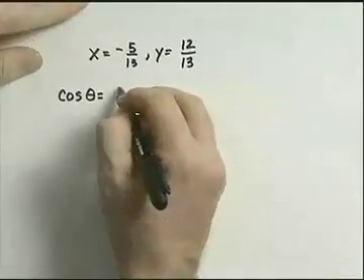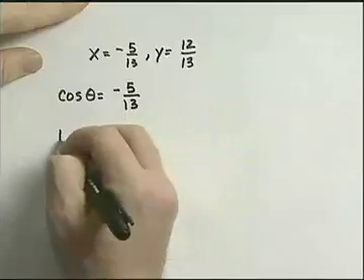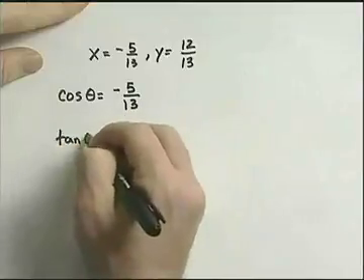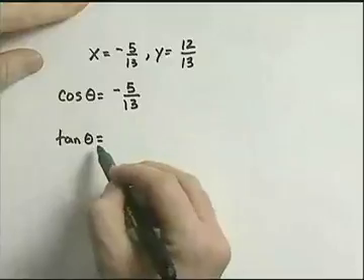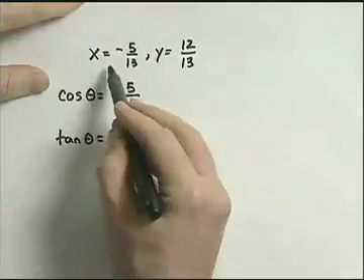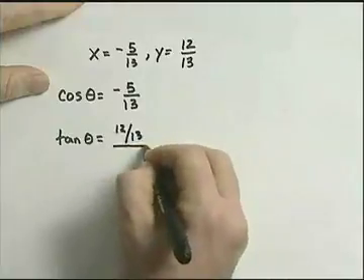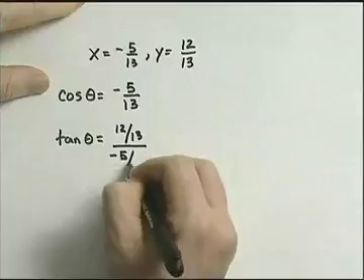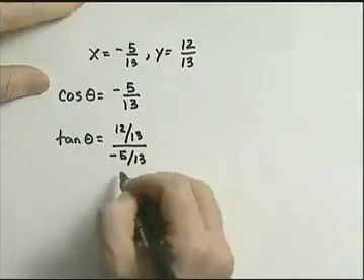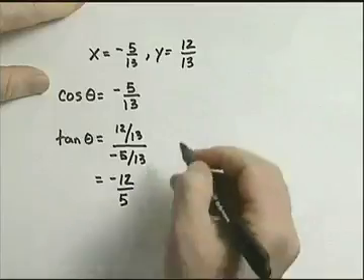So the cosine of theta is negative 5/13. The tangent of theta takes as input the argument theta and gives as output the ratio of y over x. So I have 12/13 divided by negative 5/13. The 13s cancel, and I'm left with negative 12/5.